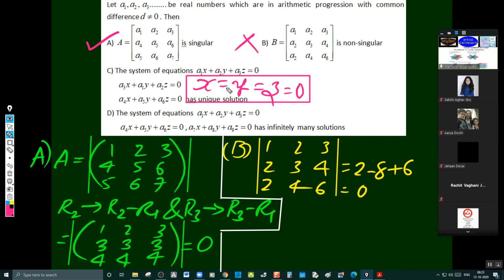Other thing is many solutions. How is it possible that many solutions will be there? All these three are passing through origin here. That means you can understand 0, 0, 0 is their point of intersection.